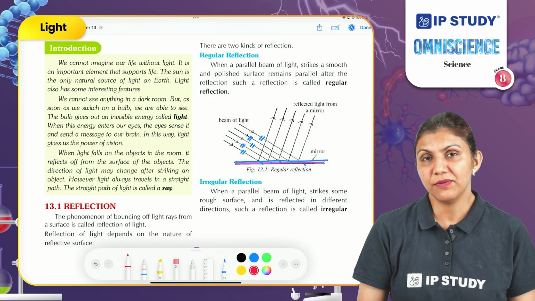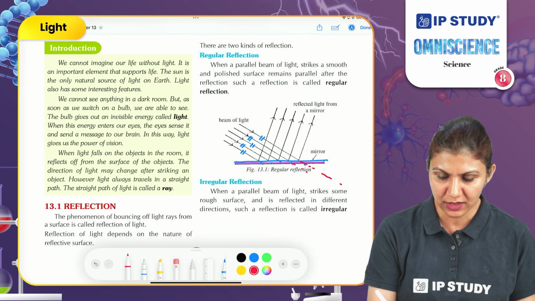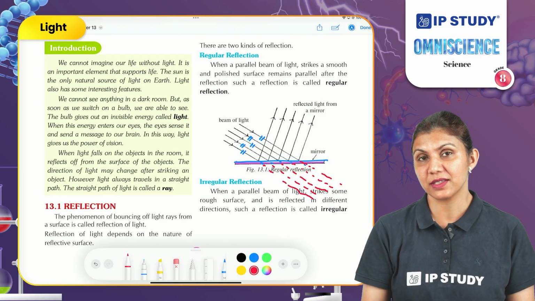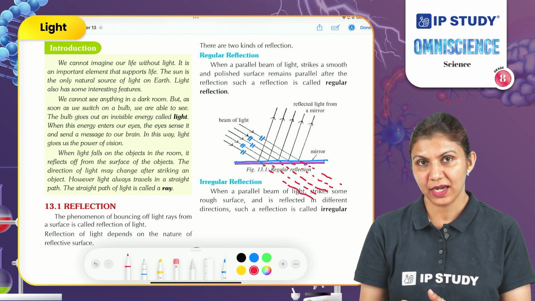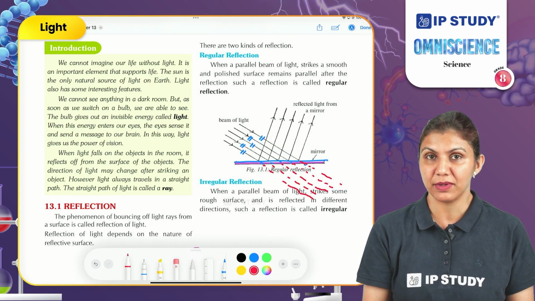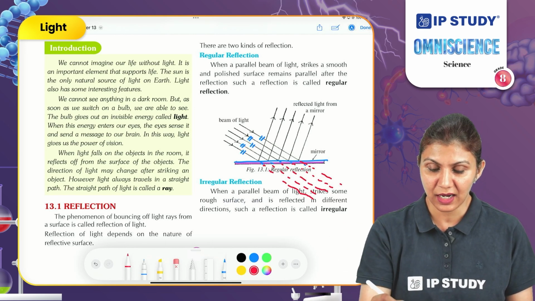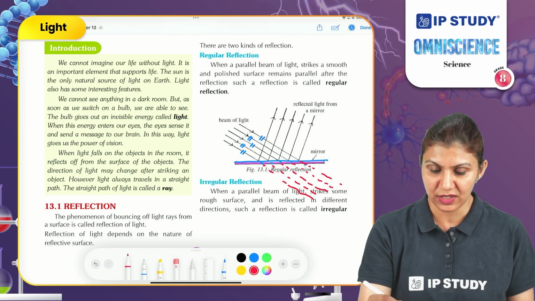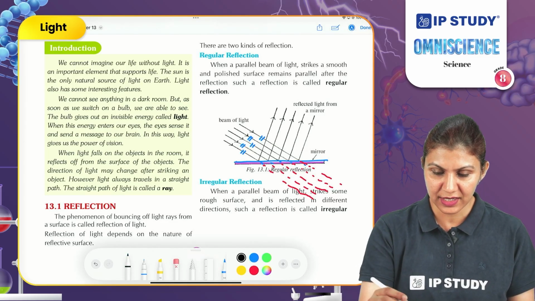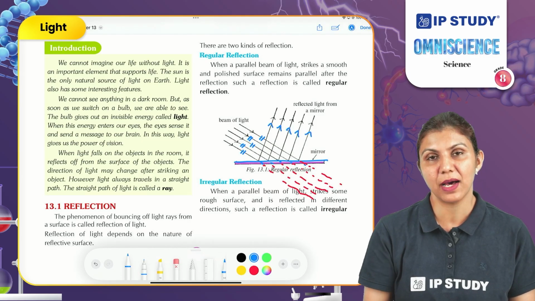If we extend the path of the light rays as they were coming towards the surface, you will find imaginary rays which are still parallel to each other behind the surface. But in reality, they are not traveling on the same path. They are directed on another path after interaction with the surface. So now, if you notice, these light rays are following another path and still they are parallel to each other.